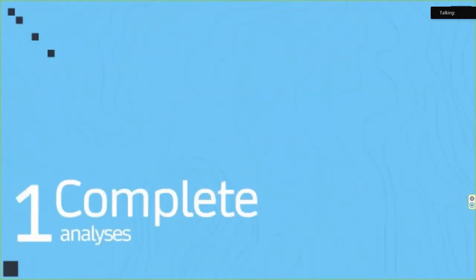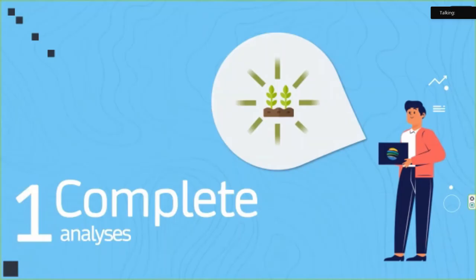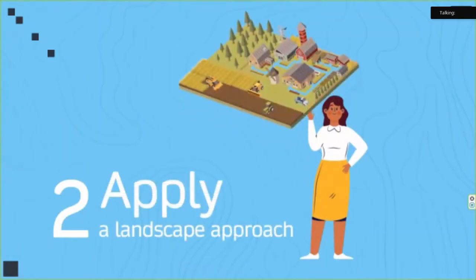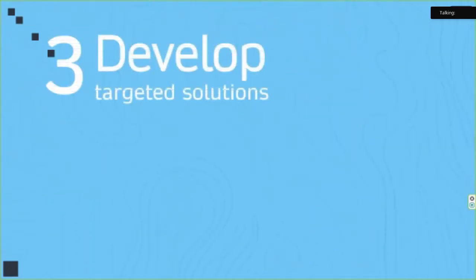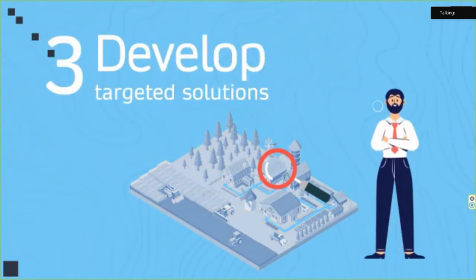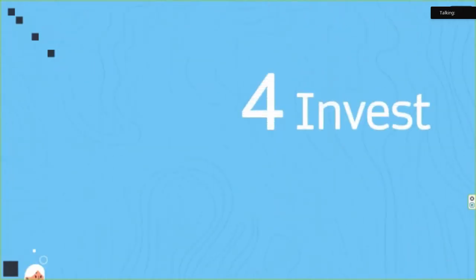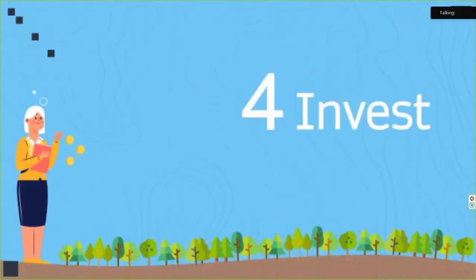First, complete holistic and systematic analyses to identify potential synergies and trade-offs. Second, apply a landscape approach to planning and implementation. Third, develop targeted solutions adapted to different parts of the landscape and taking into account unique social, environmental, and economic contexts. And fourth, invest in areas where persistence is likely.